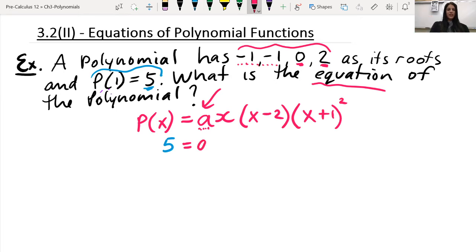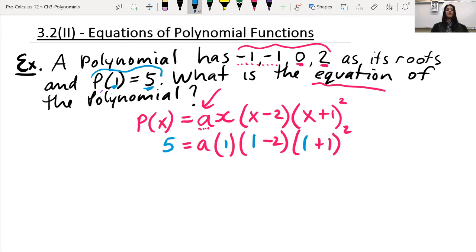So rewriting this, I'm going to have a, and then my x value is actually going to be 1. The hardest part is color coding this all. And then here I'm going to have my 1 minus 2, and here I'm going to have 1 plus 1 squared.